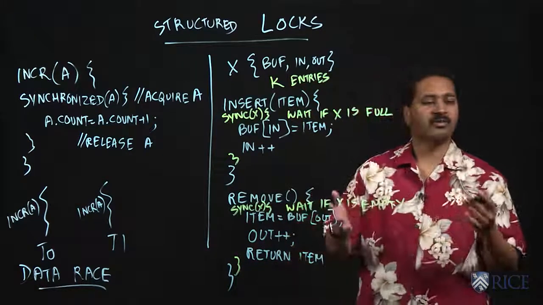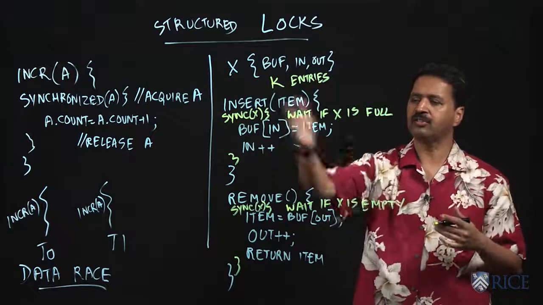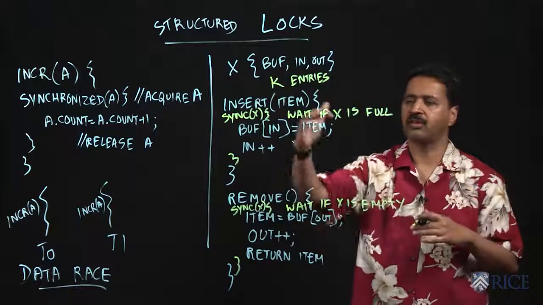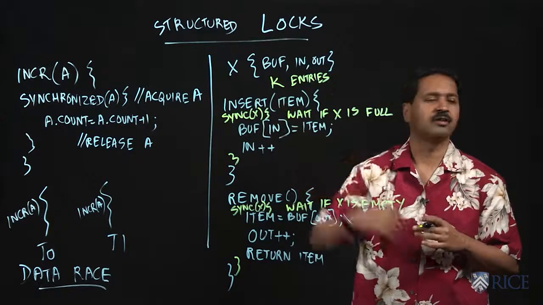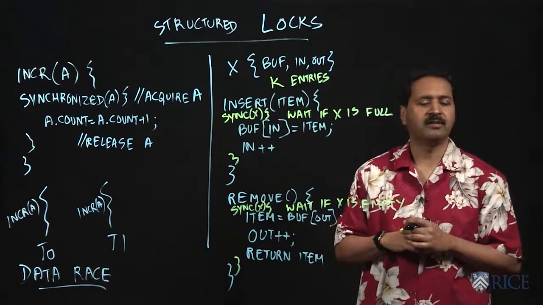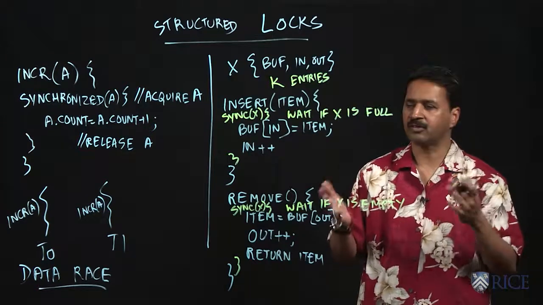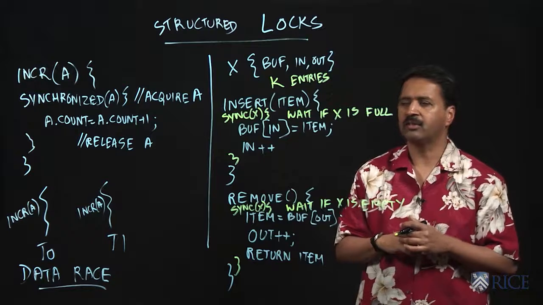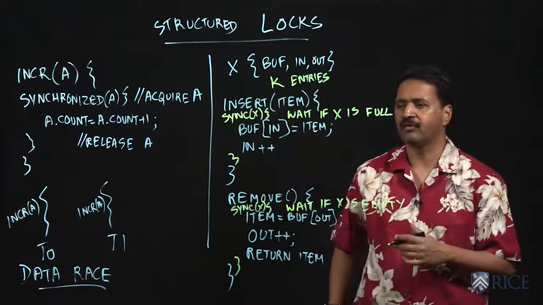Now, the structured locks actually take care of this. If you add a call to wait in synchronized, it will ensure that the thread waits at that point till a certain condition is satisfied. And then the question is that if a thread is waiting at a wait point, how does it get released? Well, some other thread has to do a notify.